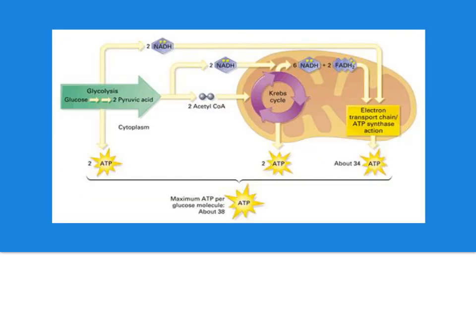The electron transport chain is the one we're getting 34 ATP from. So all those electrons were coming in from here and here, here and here, into here to make our big amount of energy. This is why the mitochondria is the powerhouse of the cell. Almost all of your energy in your cell comes from there.